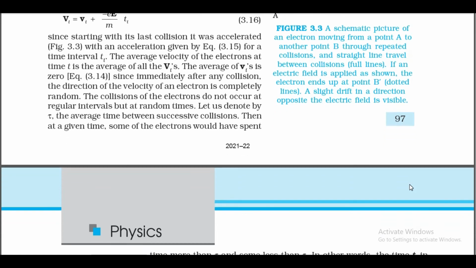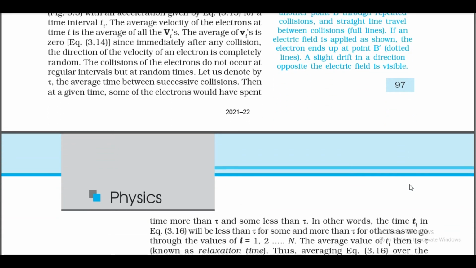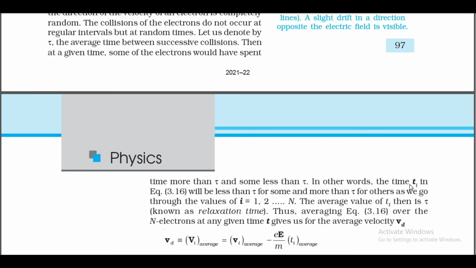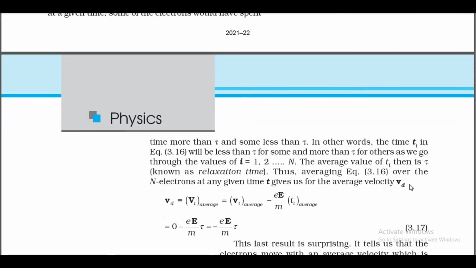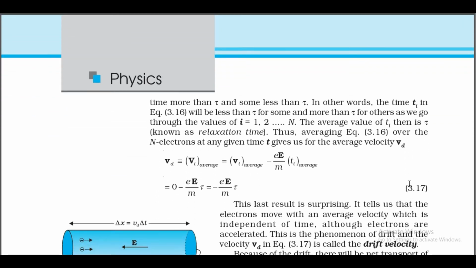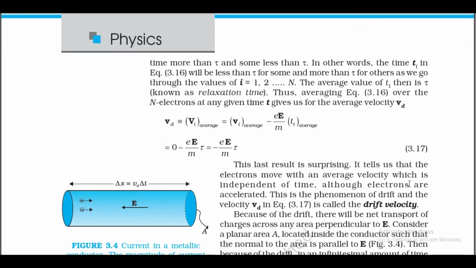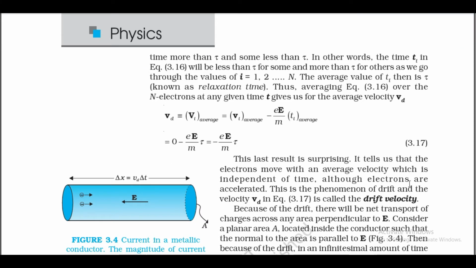Then at a given time, some of the electrons would have spent time more than tau and some less than tau. In other words, the time t_i in equation 3.16 will be less than tau for some and more than tau for others as we go through the values i = 1, 2 and so on, and the average value of t_i is then tau, known as the relaxation time.